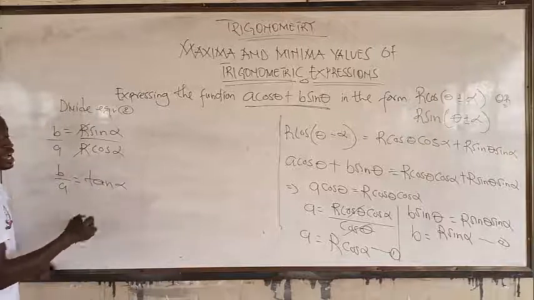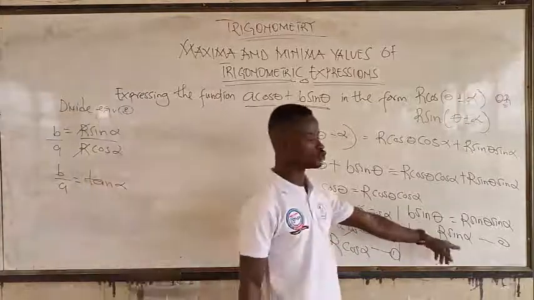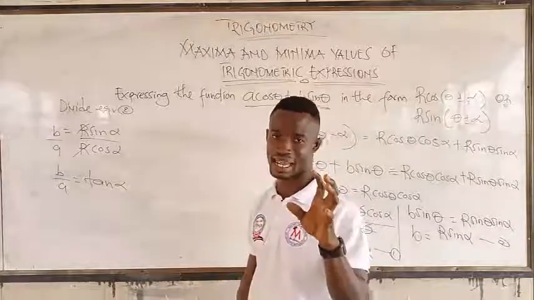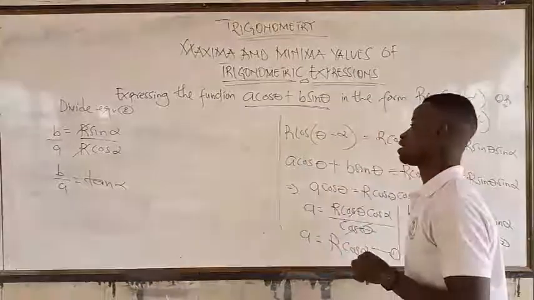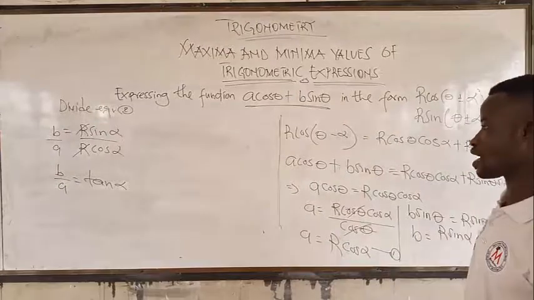So B over A is equal to tan alpha. Now watch. Once you divide equation 1 by equation 2, you are going to get cos over sine, which is cot. And I don't want to end up working in cot, but I want to end up working in tan. And that is why I did that.